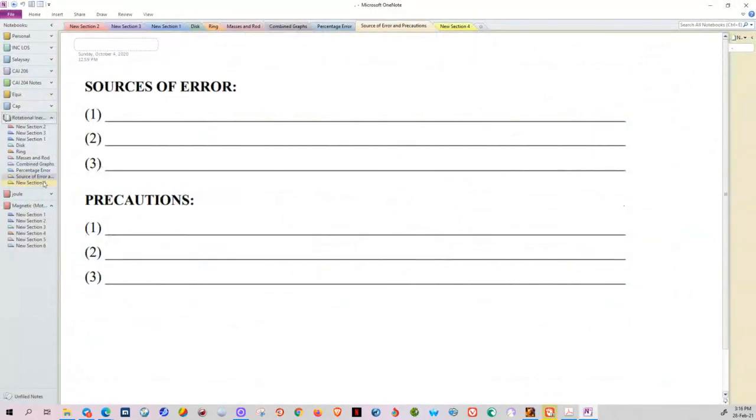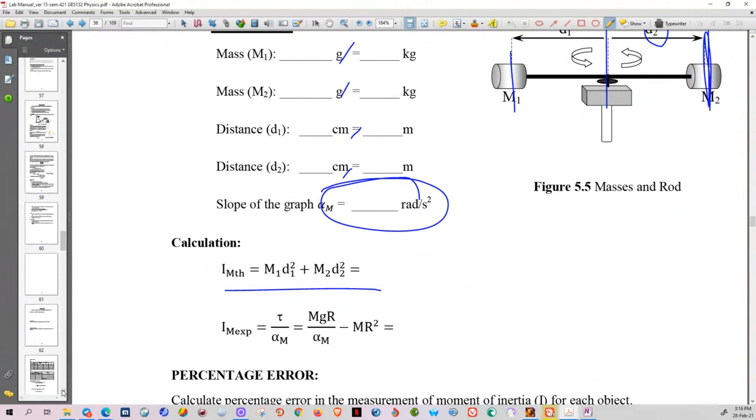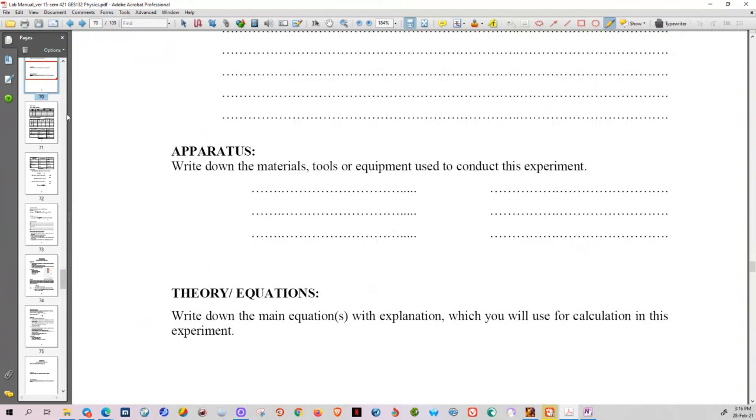Now, the sources of error and precaution, I already gave you one in the beginning. No, I gave you 2 sources of error and precaution. Can anyone tell me? You can do that by microphone. If you don't want to type it, you can do it by microphone. What's the source of error precaution which I gave you in the beginning?